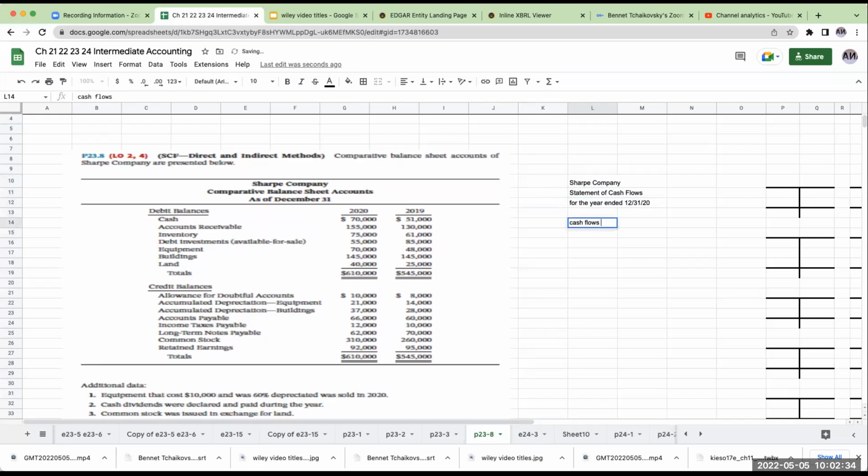We're going to have cash flows from operating activities, net cash from operating activities, cash flows from investing activities, net cash from investing activities, cash flows from financing activities, and net cash from financing activities.